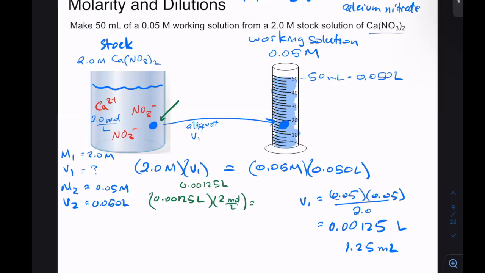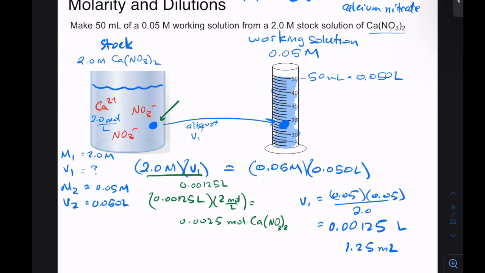That gives us, well, I don't need a calculator for that. That gives us 0.0025 moles of calcium nitrate. That's how much calcium nitrate was in that aliquot. I got that from M1 times V1.